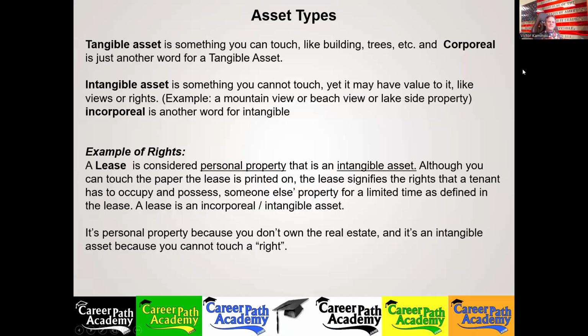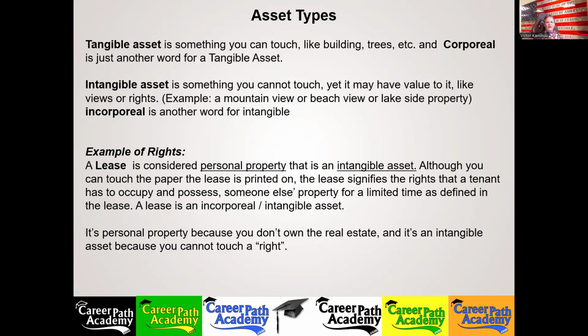All right, there are different types of assets. You have tangible assets. Another word for tangible is corporeal. A tangible or corporeal asset is anything you could touch, like buildings, trees, etc. Something you could touch or feel. That's what a tangible or corporeal asset is. An intangible asset or incorporeal asset is something you cannot touch.